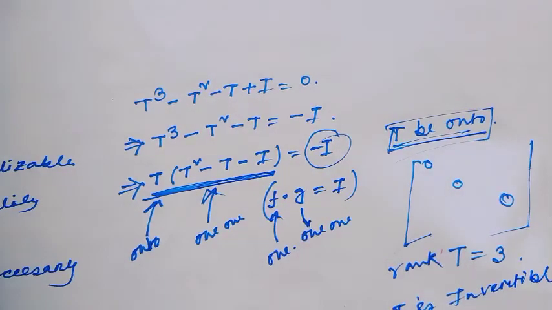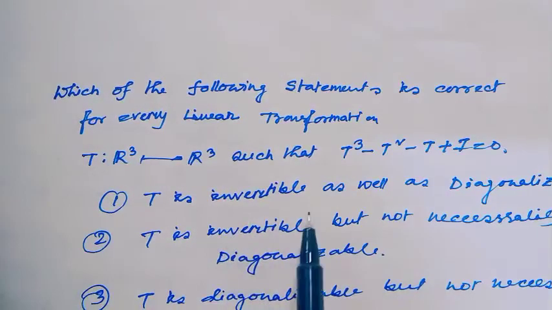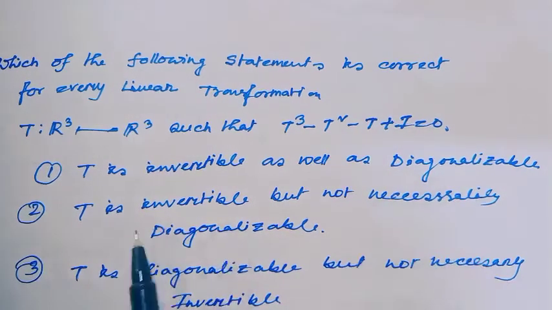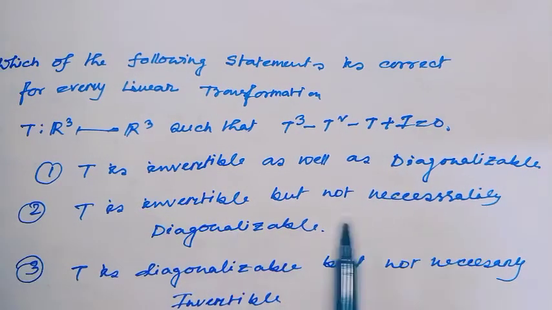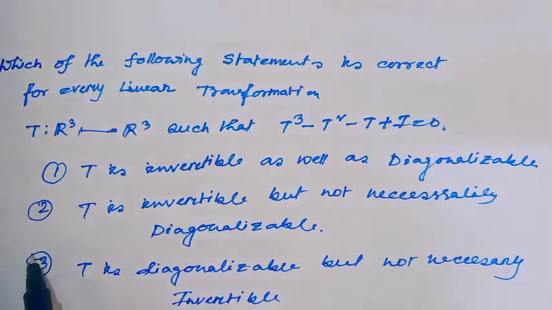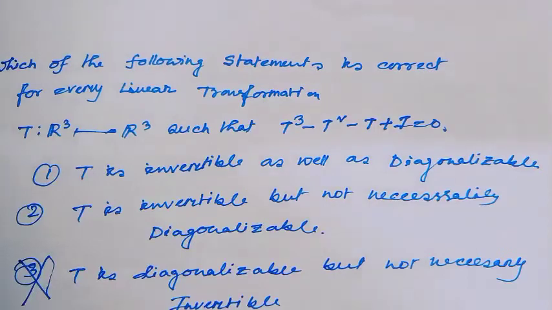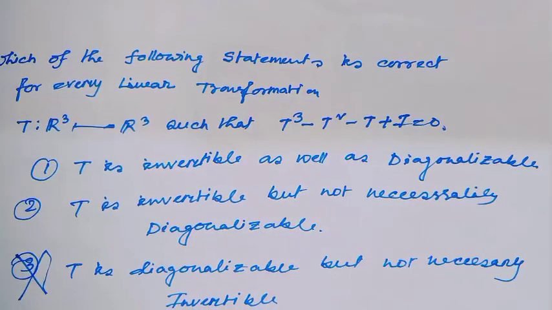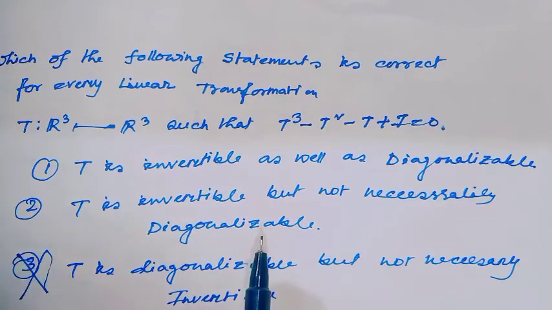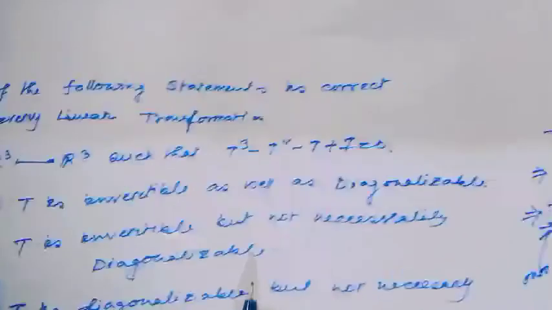That means the question has given T is invertible as well as diagonalizable in option 1. Option 2 indicates T is invertible but not necessarily diagonalizable. And option 3 is a wrong option, because it says T is diagonalizable but not necessarily invertible. Now I will see, is this operator diagonalizable?